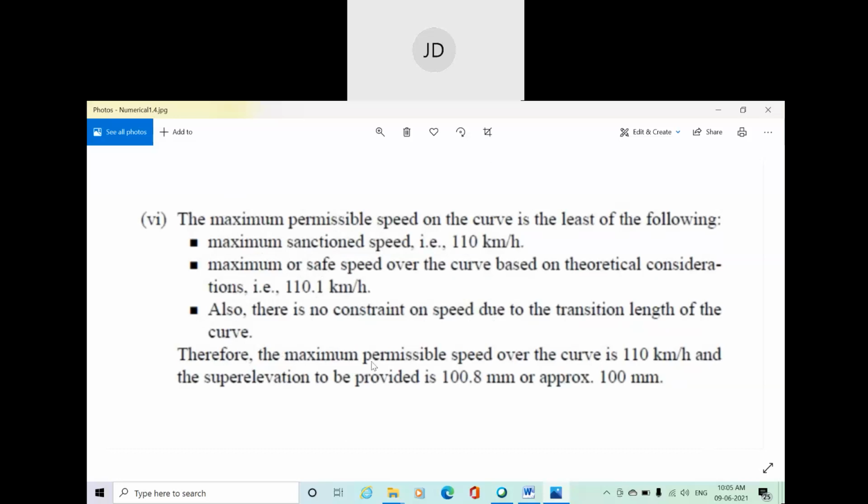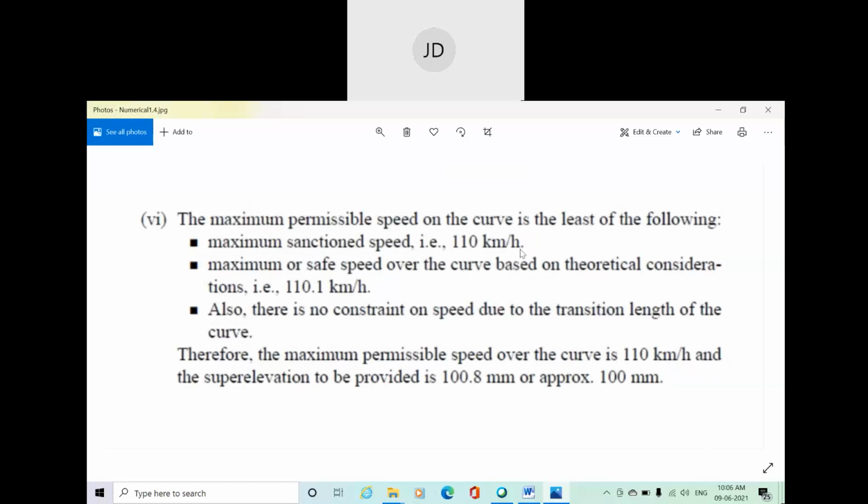So therefore, the maximum permissible speed over the curve is 110 km per hour, and this is the maximum permissible speed we will consider, because it is the minimum of these. Okay, that means we need to compare which one is smaller, whether the maximum sanctioned speed or the speed we are finding from this formula.